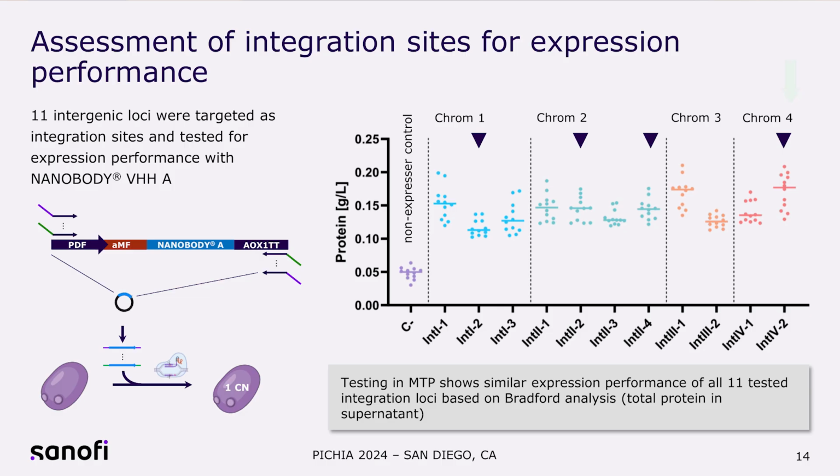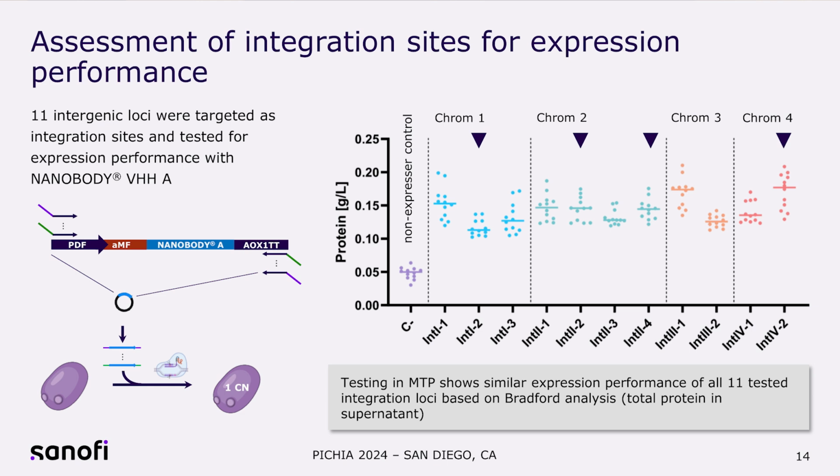The integration loci are on different chromosomes, just to spatially separate the integrations on different chromosomes to increase genetic stability, so as not to have sequences that share sequence similarity in proximity to each other.